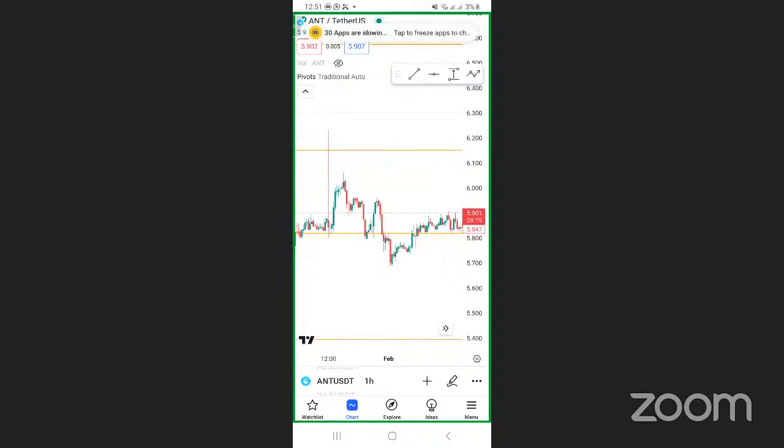Okay, so as I wind up, because we have just 9 minutes, the objective of this training was to show you how to add an indicator on TradingView. I've used just one indicator, pivot points, and I've shown you clearly how to trade with pivot points.